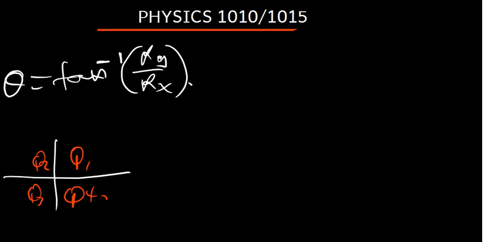Okay, cool. So now, if you discover that the x component is positive and the y component is positive, meaning you know that this is positive x, this is positive y, this is negative x, this is negative y.